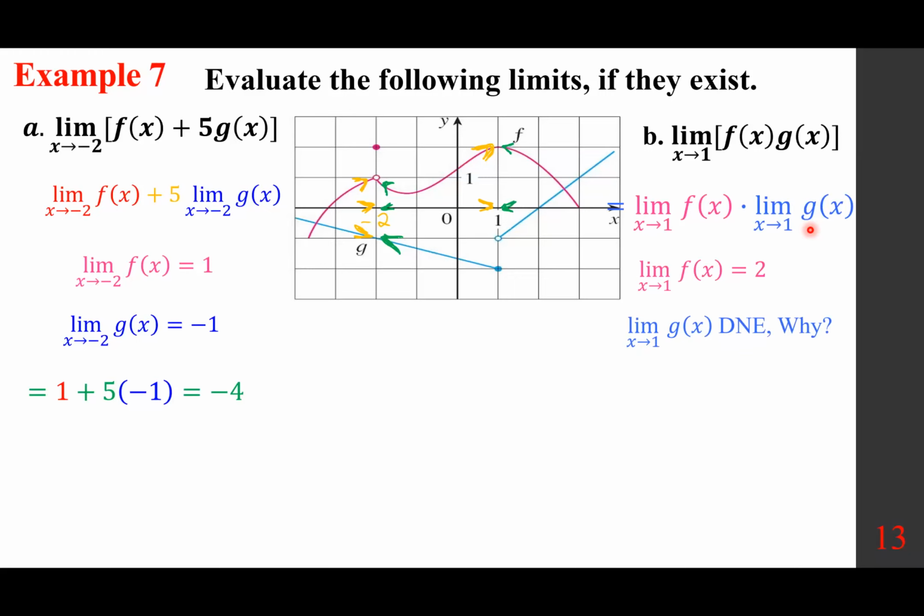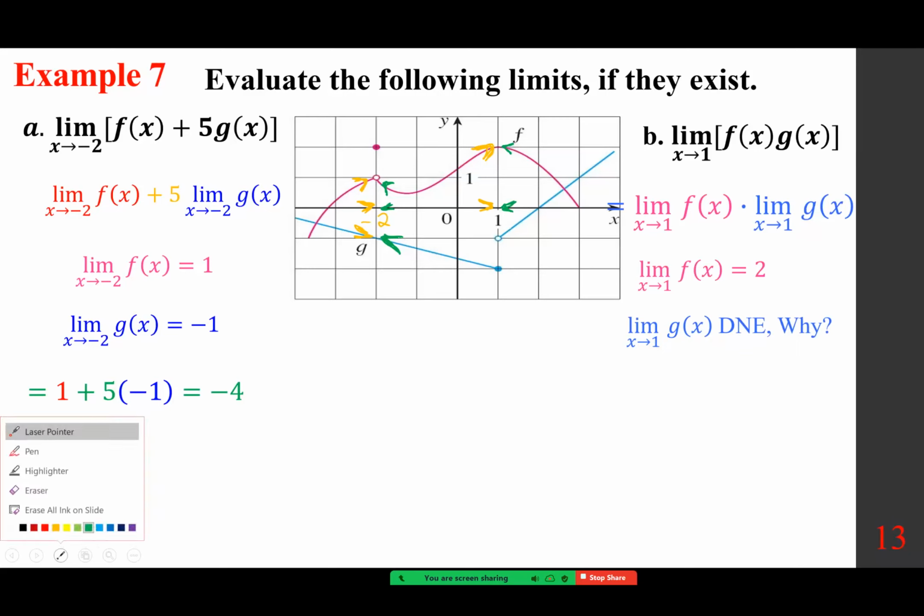So tell me, what is this limit as x approaches 1 from the left? -2. Beautiful. So from the left, we are moving here towards this point, and the y coordinate is -2.